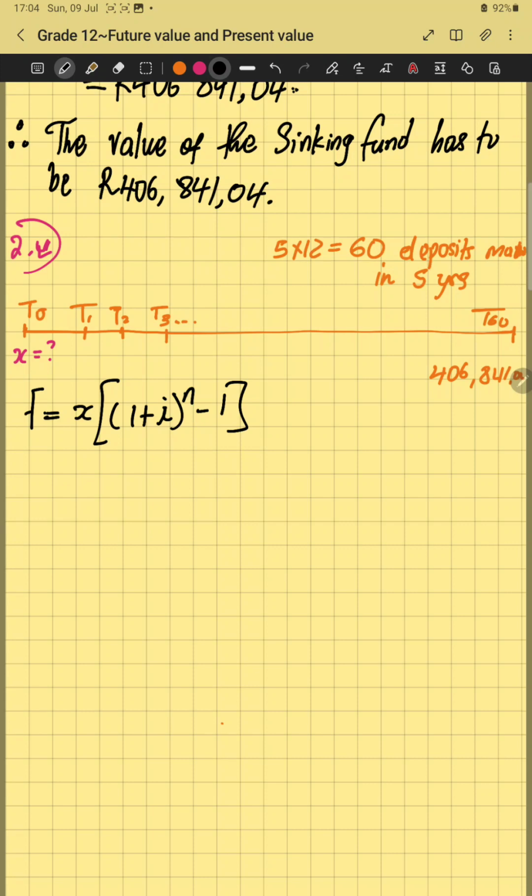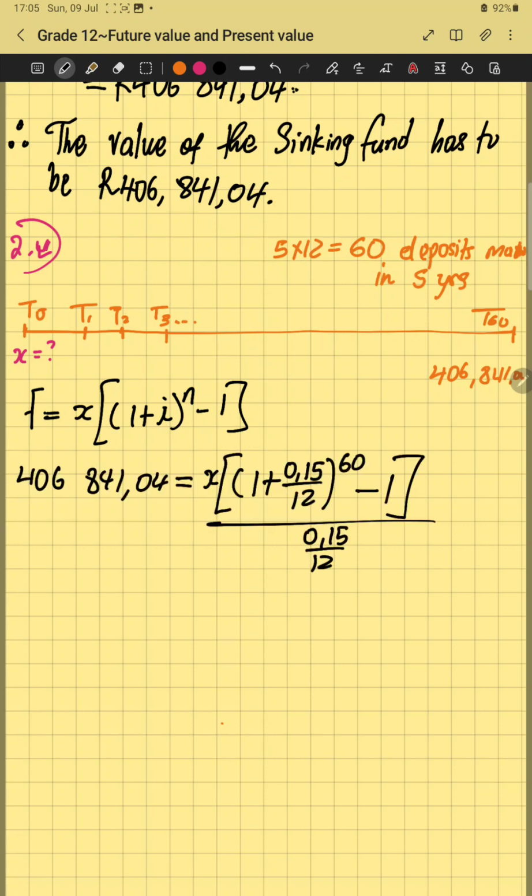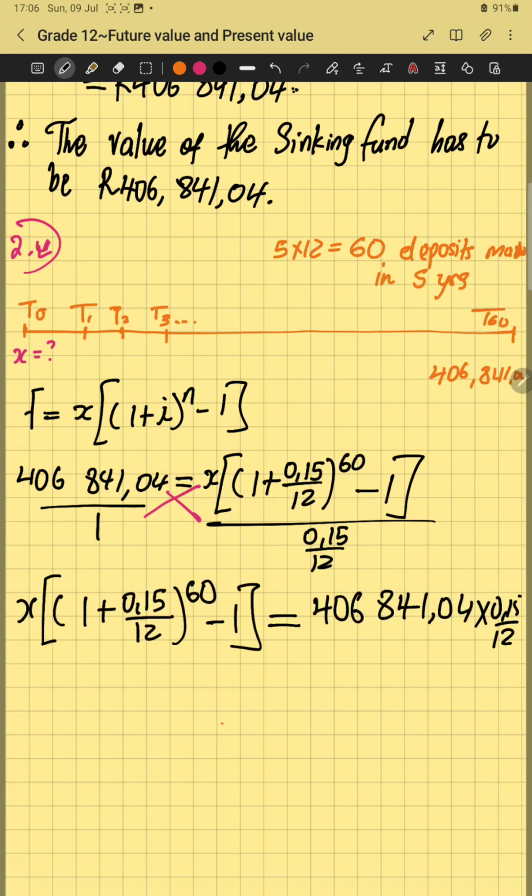Then let me also substitute. This is our substitution. Now you will remember that this value here has the denominator of 1. Then the next step is to cross multiply, this 1 times 1 and that value times this one. Then after you have cross multiplied, this is the value that we have on our left hand side as well as on the right hand side.